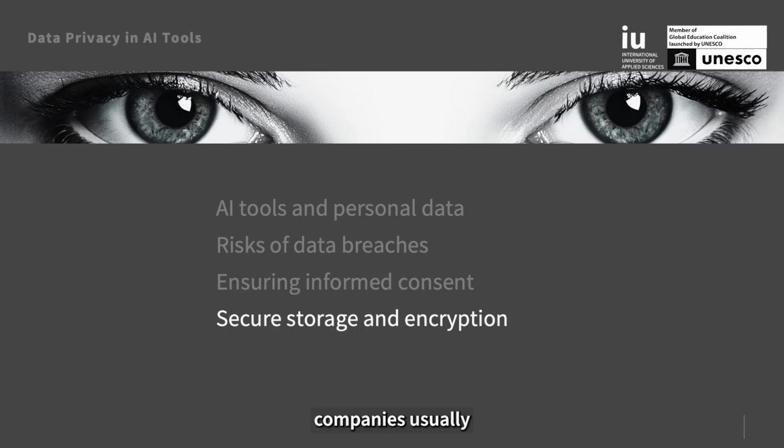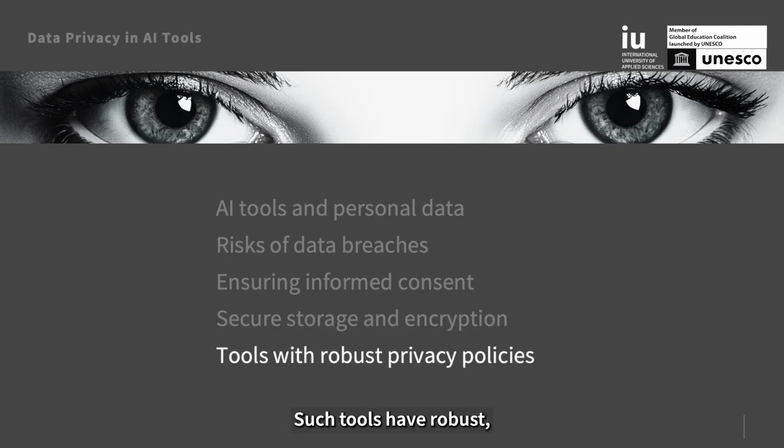Those companies usually take all the measures to protect your data by using secure storage and encryption, so that if a data breach or a stolen account happens, the data is still useless to the attacker because encrypted information cannot be accessed. Such tools have robust privacy policies.